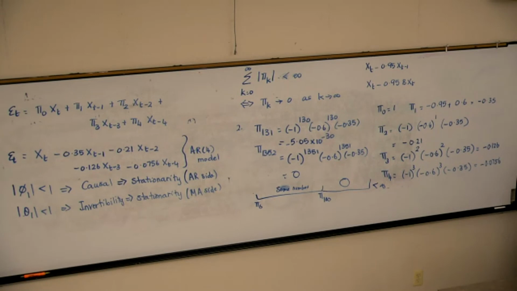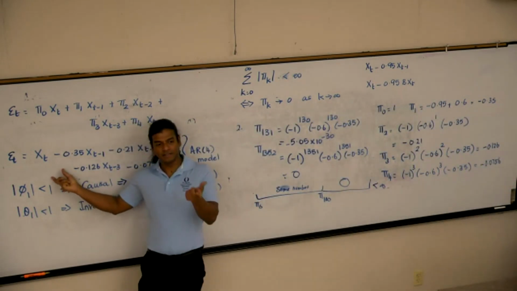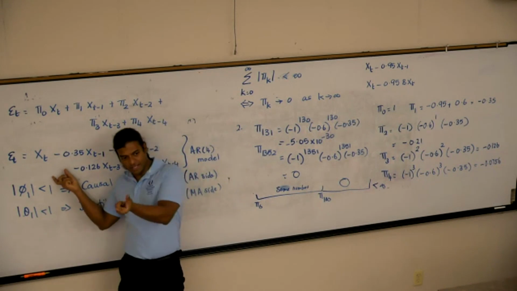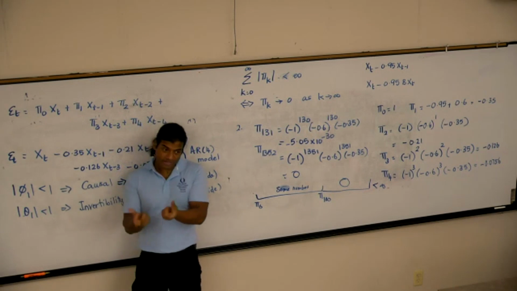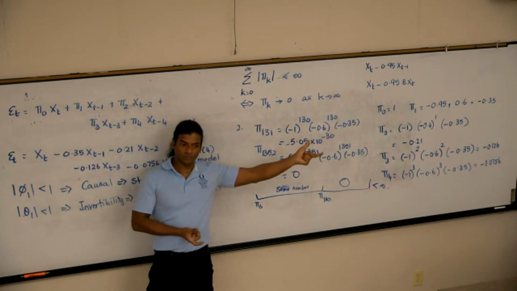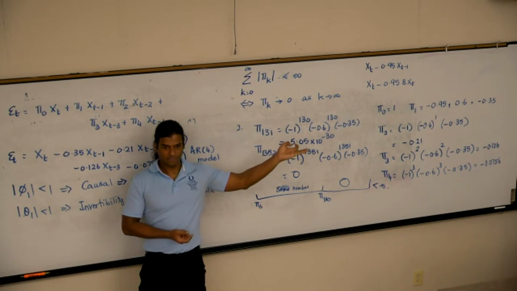So you're saying, if the AR infinity is absolutely summable, as we just said, then the ARMA model is stationary? Yes, either in pi weights or psi weights. Because we converted the ARMA model to an AR infinity. And if I determine that AR infinity model is stationary, well, that came from the ARMA 1 model, right? So that has to be stationary also. Does that make sense?